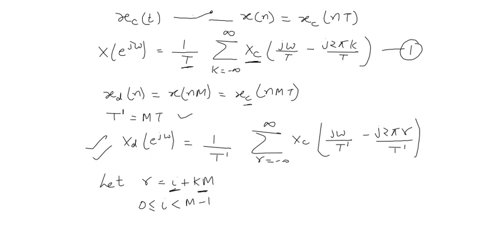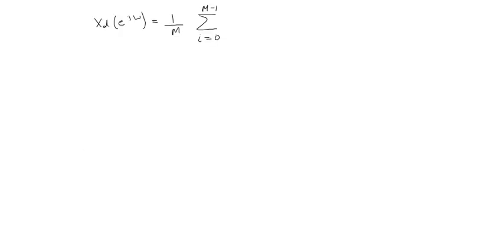Because we are substituting r by 2 factors, it will be factored in 2 parts, so k will simply be minus infinity to plus infinity. So what will be the expression? This will be 1 upon T, k equals minus infinity to plus infinity, of xc.